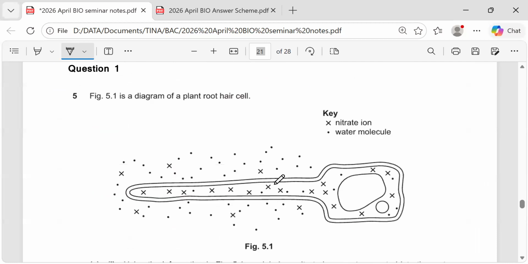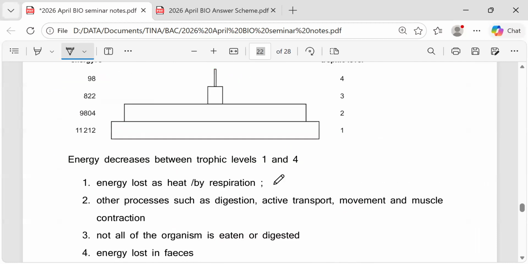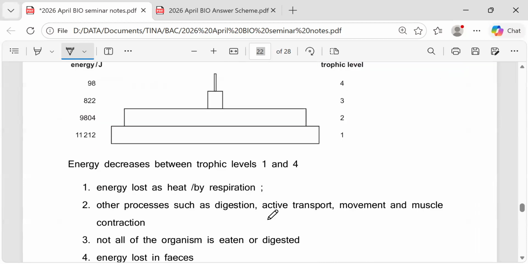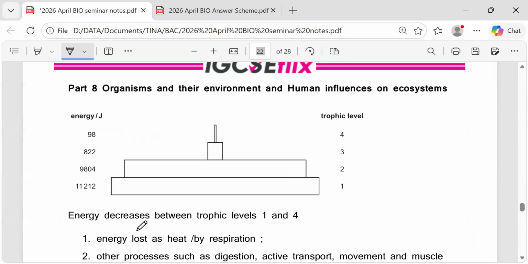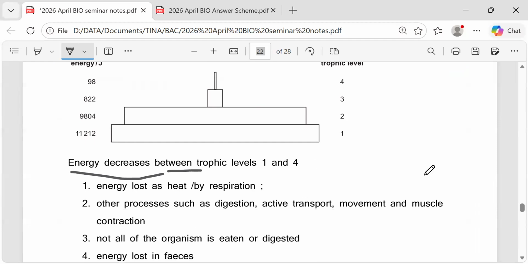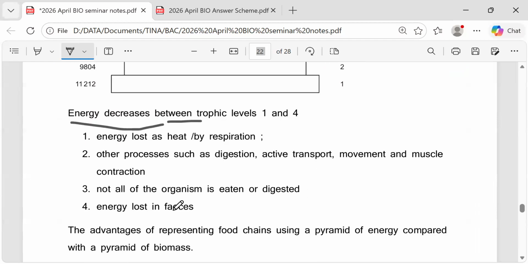Osmosis and heat transport are all very easy. Okay, this is another question. They ask you why there are not that many trophic levels. Why is it not 5 trophic levels? You must say energy decreases between trophic levels 1 to 4 by respiration, and other reasons: not all the organism is eaten, some energy is lost as waste.